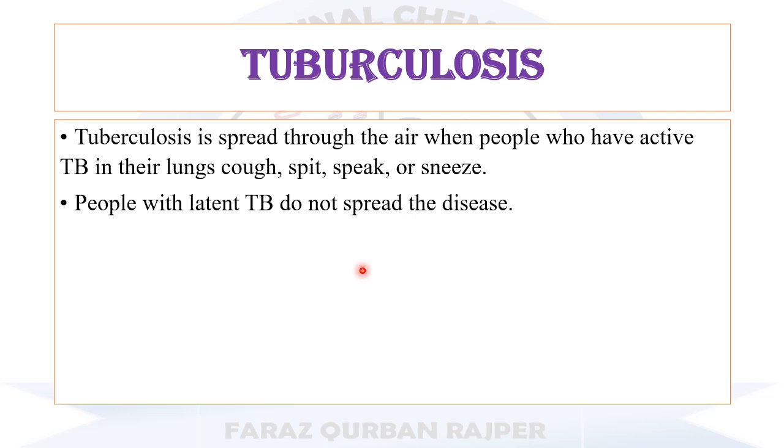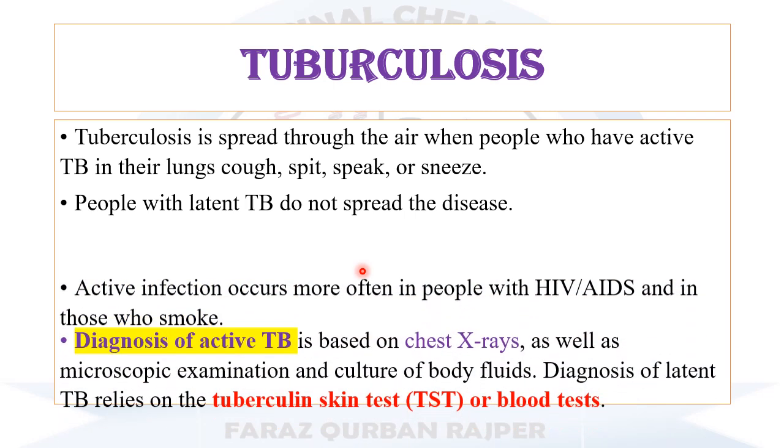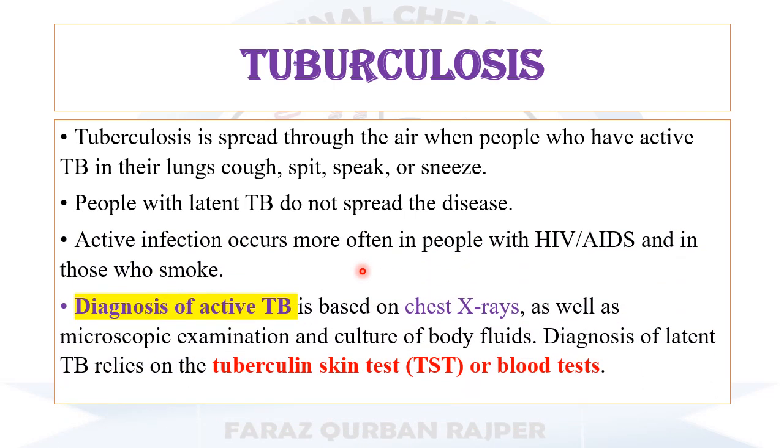People with latent TB are usually not responsible for the spread of TB because they do not have any symptoms. Active infection mostly occurs in patients who already have a weak immune system, like patients with HIV or AIDS, and patients who smoke more may have more chances of active TB infection.